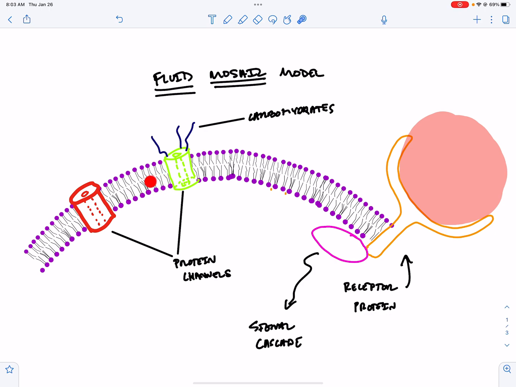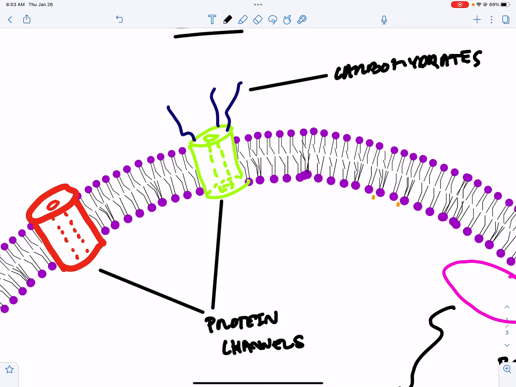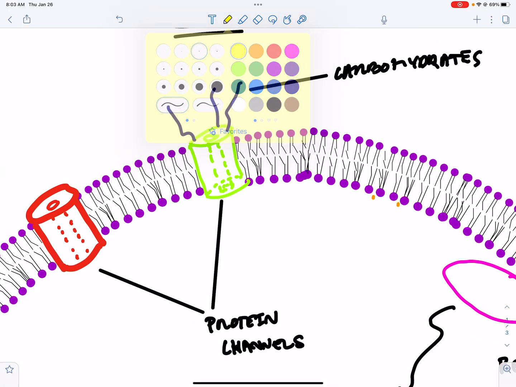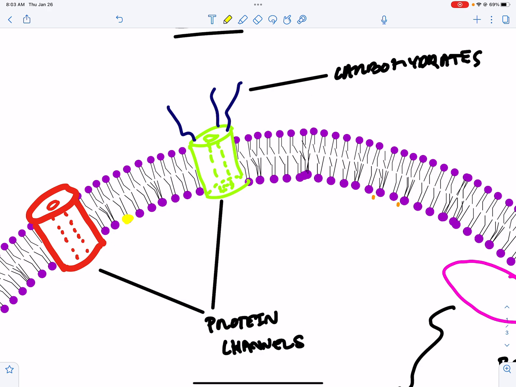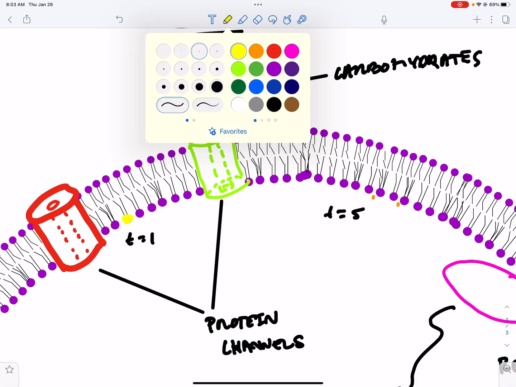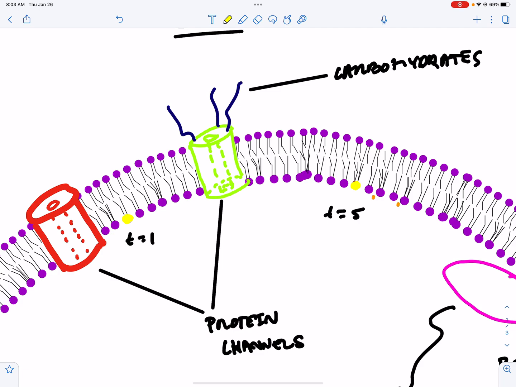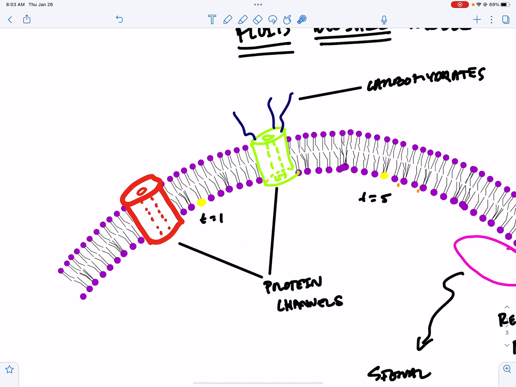It can freely move around on this side of the membrane. So right now, this little phospholipid that I'm going to color yellow is here at T equals 1. But when I look maybe 5 minutes later, T equals 5, now the yellow phospholipid is over here. It's freely diffusing in the membrane.